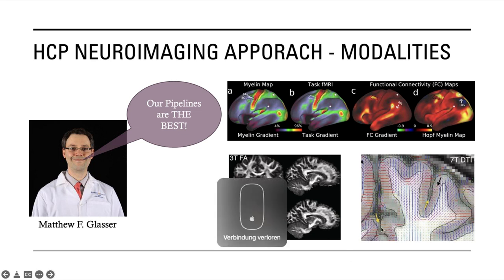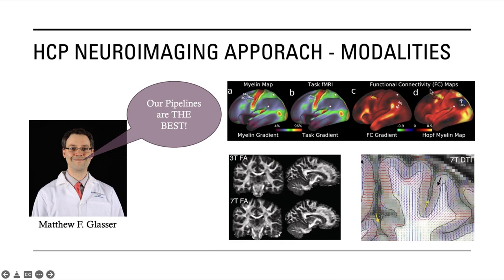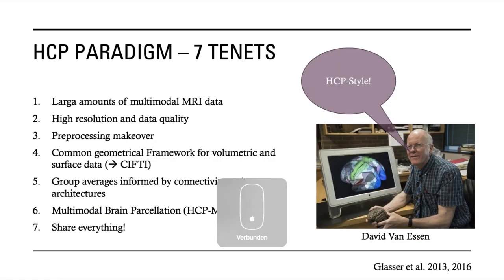There were 7 Tesla scans applied for tractography, but also many different modalities like myelin maps, task fMRI, functional connectivity, and many more. The whole paradigm can be summarized in 7 tenets, which the authors themselves call HCP style. The tenets are that a large amount of multimodal MRI data is needed for high resolution and high data quality, and that we have to rethink preprocessing steps and algorithms.